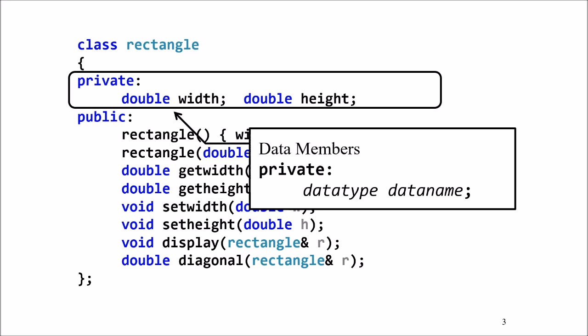So the keyword is private, followed by a colon, and then a list of the variables and the data types that describe the class. These look exactly like variable declarations. In this case, type double, but it could be any other data type that is useful.